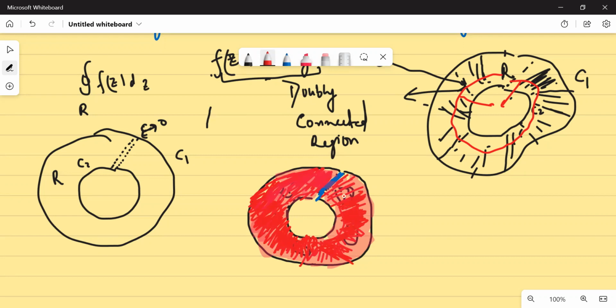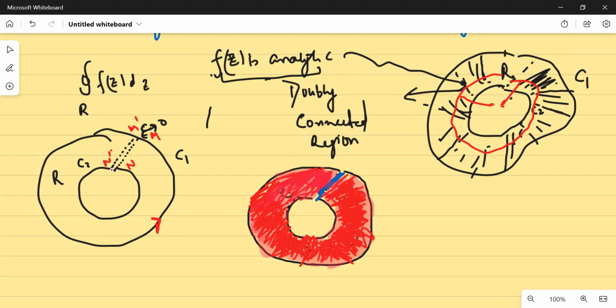So this kind of slit introduction reduces a doubly connected region into a simply connected region. Now, since it is a simply connected region, you can clearly apply your Cauchy-Goursat theorem. So let us move counterclockwise. Let's say this is your M and this is your N, and you can take M dash, N dash.